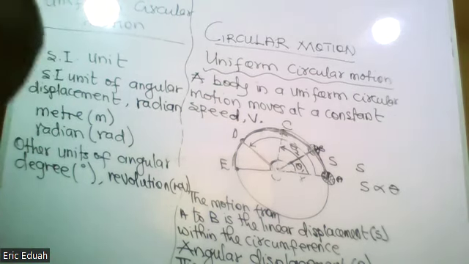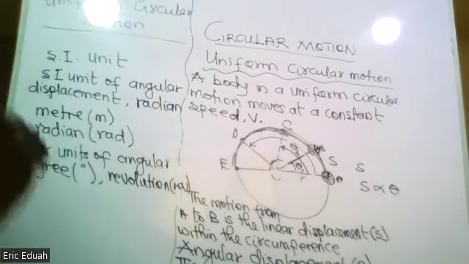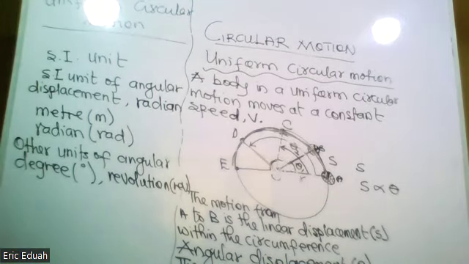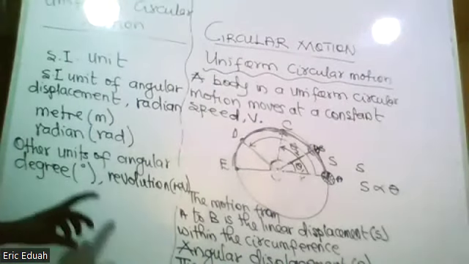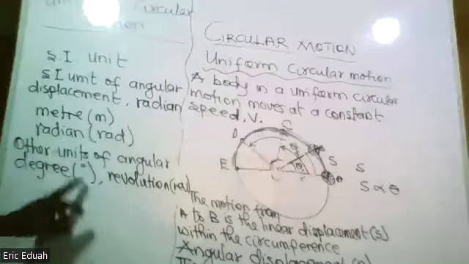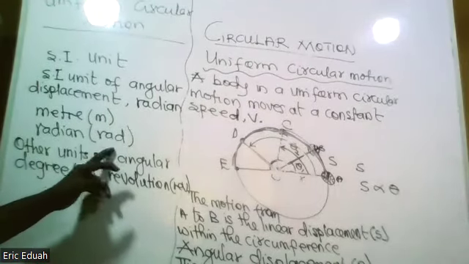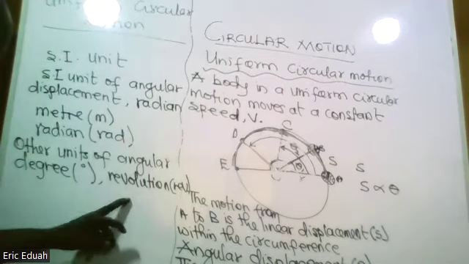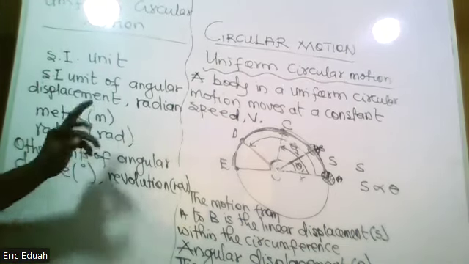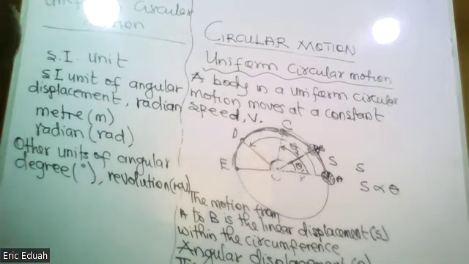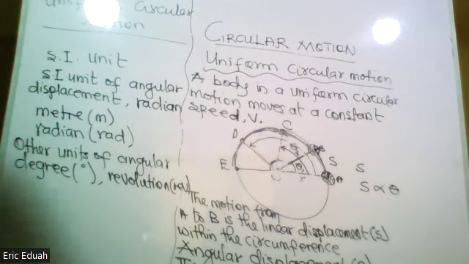Just as you can convert from meter to centimeter, meter to millimeter, we can also convert this angular measurement from radian to degree, radian to revolution, or degree to radian. Are you with me? Let's look at how we can effect this conversion from one angular measurement unit to another.